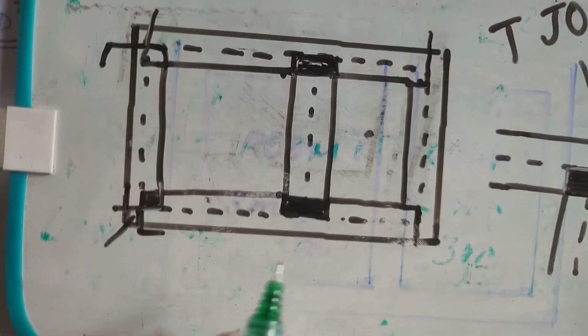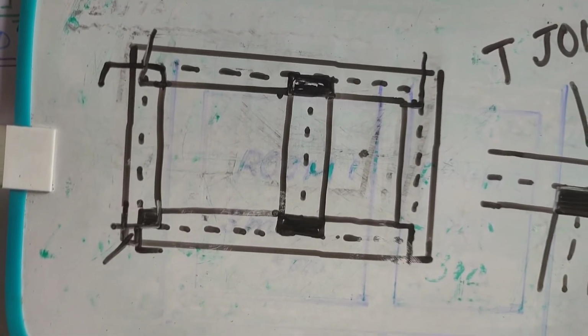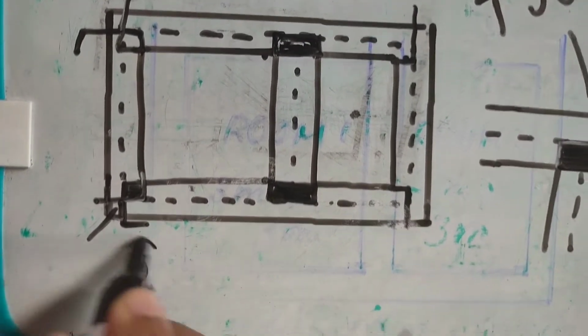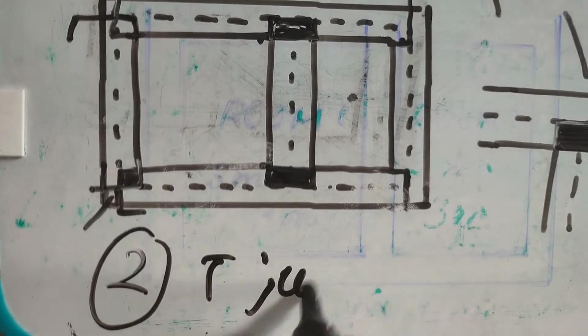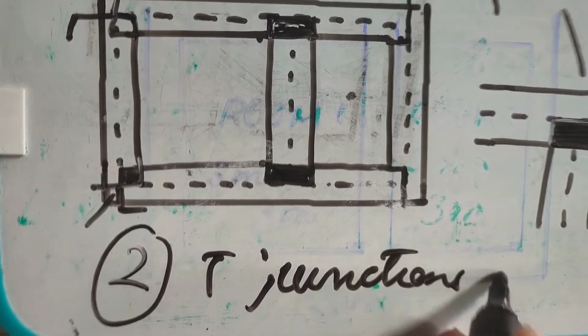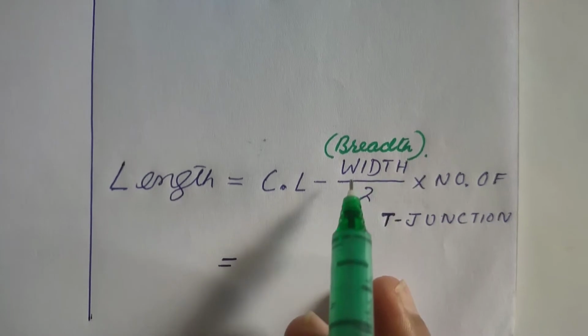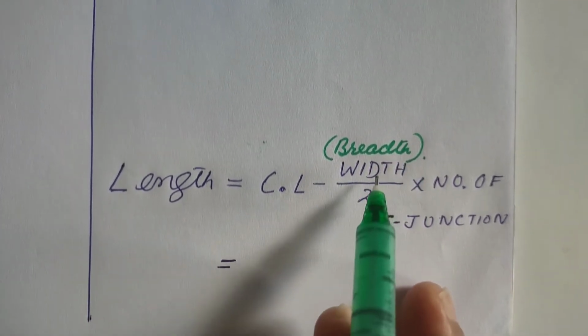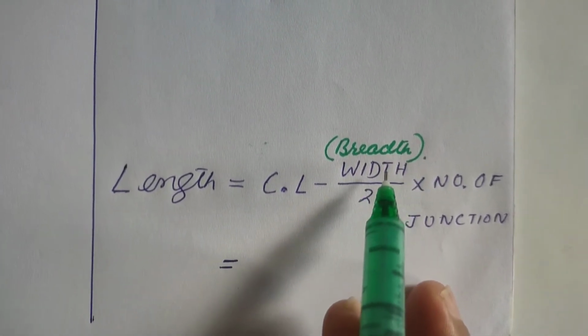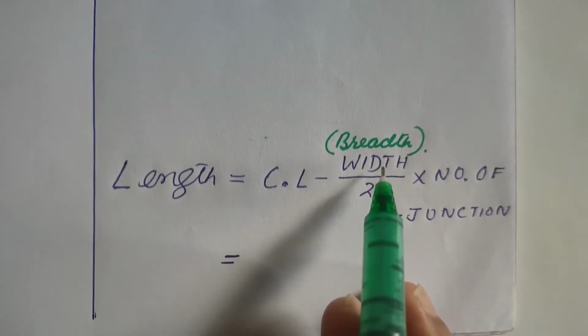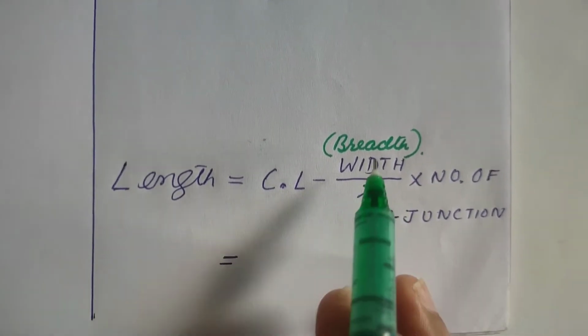So how many T junctions do we have? We have 2 T junctions. When I mention breadth or width in this equation, we are considering the cross section width or breadth.